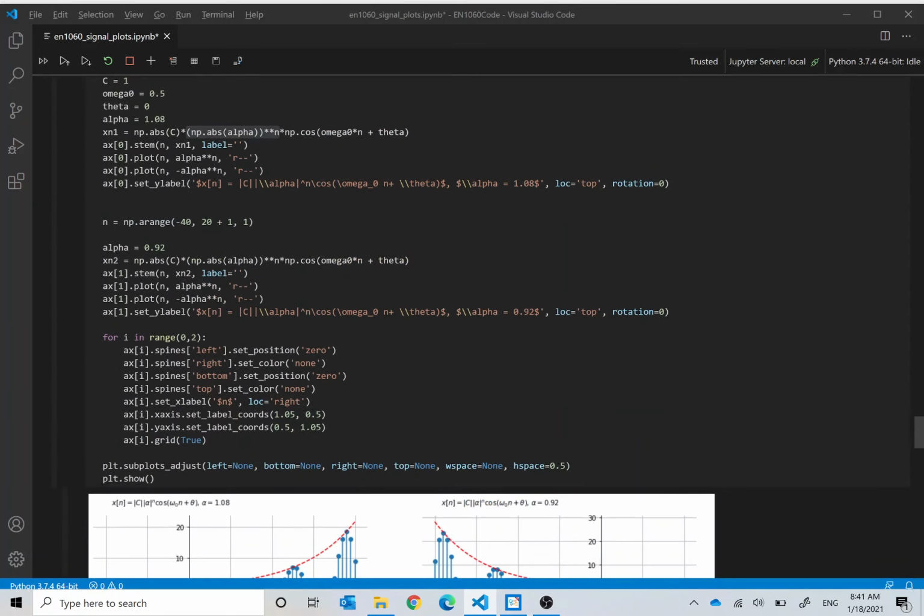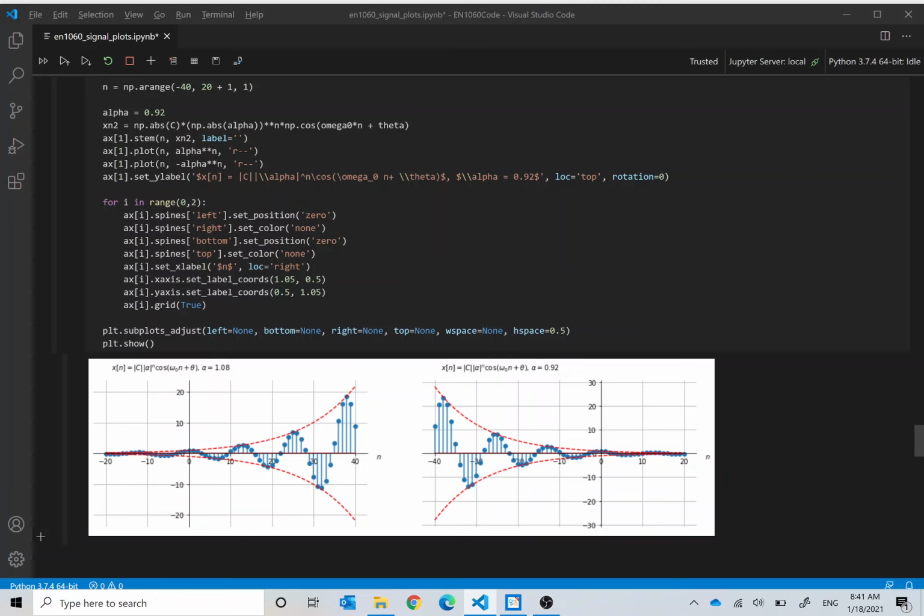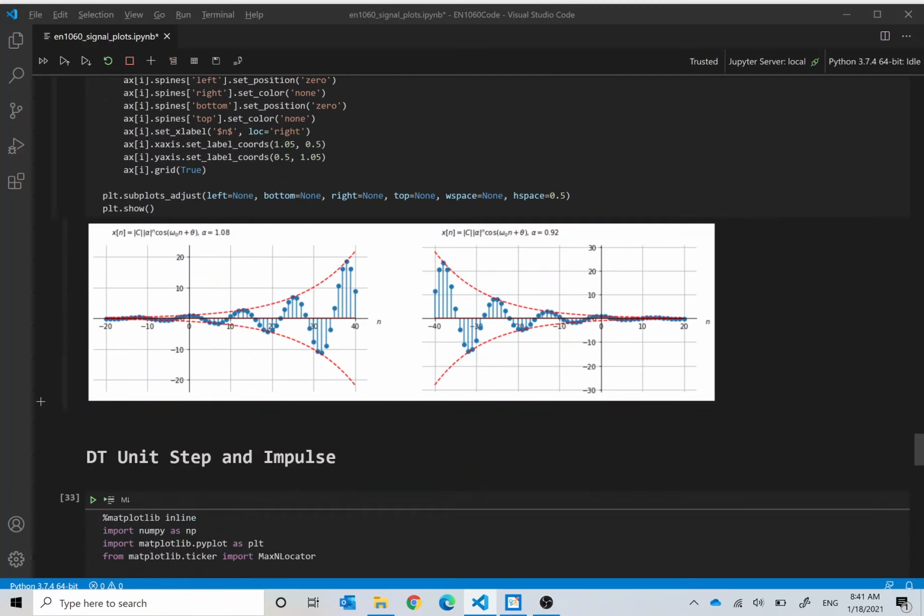Okay, so we have these plots and then some commands to get the plotting working. You can see when alpha is equal to 1.08, it's the growing envelope, and when alpha is equal to 0.92, it's decaying. So the actual signal is represented in blue in this case. These are just the envelopes.